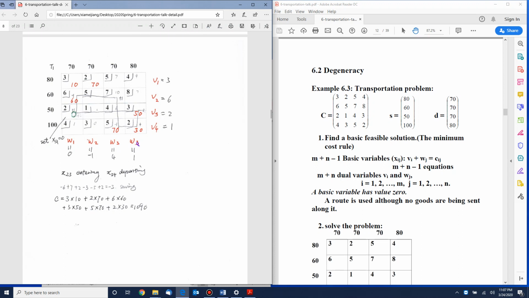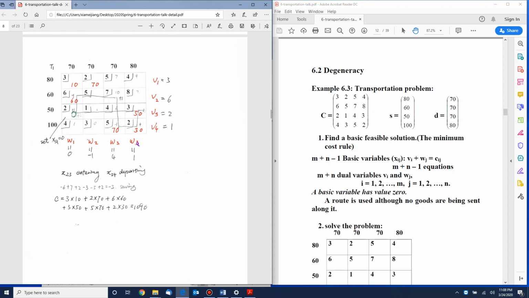Of course, you understand that when we have v1 equals 3, then we have w2 equals minus 1, right? In the other way, we may also set up, you could see, if I set up that basic variable with 0 value in cell 2,2, that x22 equals 0, then it won't work out to find the values of dual variables v3, v4, w3, w4.